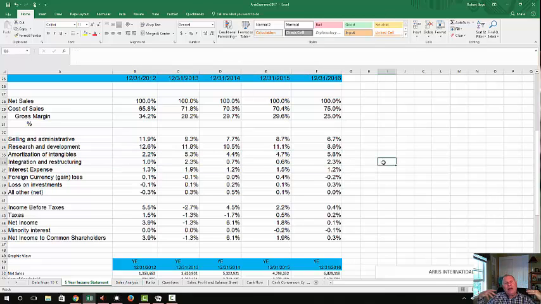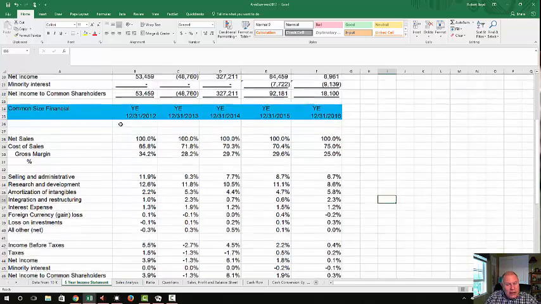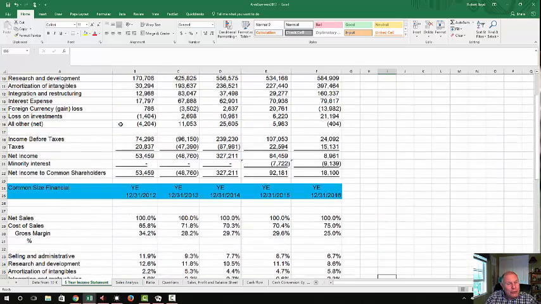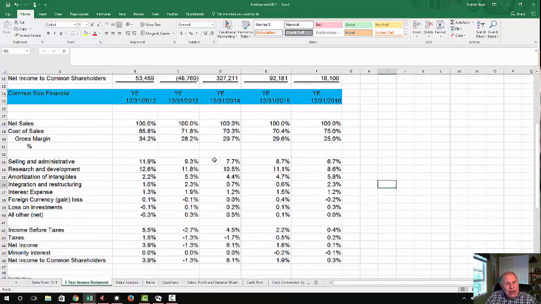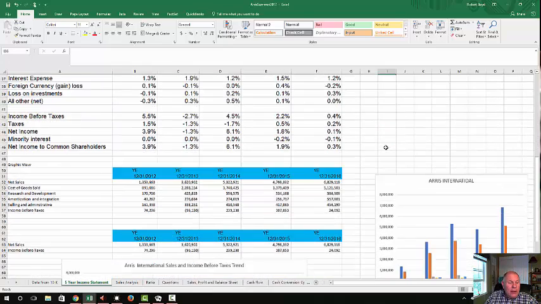So it helps us evaluate the relative importance and the change. Okay? And as you can see, when we look at it like this, we get a different picture than this, because this is all in numbers, but when we put it into this common size, we can compare each year, but we could also now compare that to a competitive company to see how they perform.